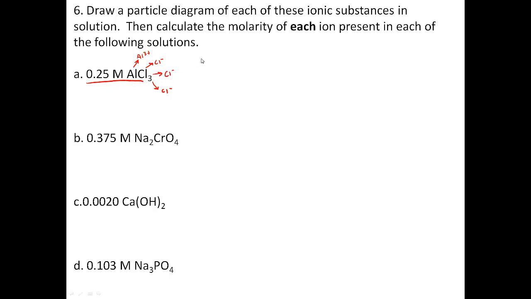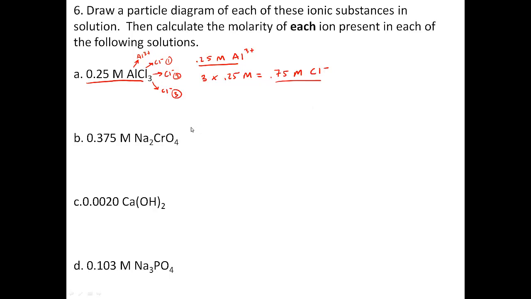That means that I'm going to have a concentration of 0.25 molar aluminum because the ratio is 1 to 1. Now, I've got 3, 1, 2, 3 chlorines. So I need to multiply my original concentration by 3 if I'm going to figure out how many chlorines I have. The concentration of chlorine is 0.75.